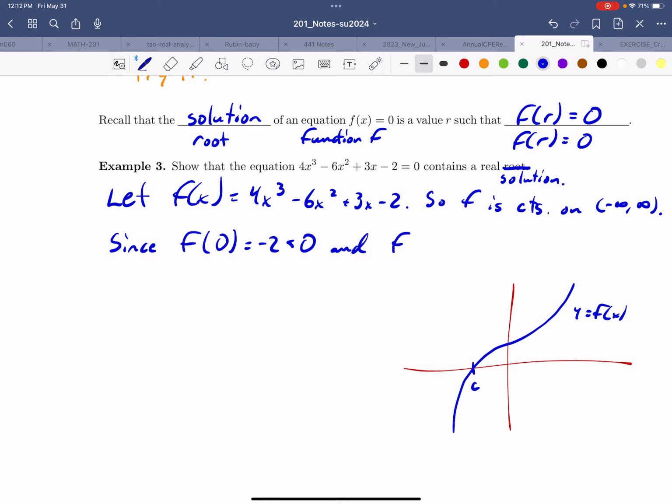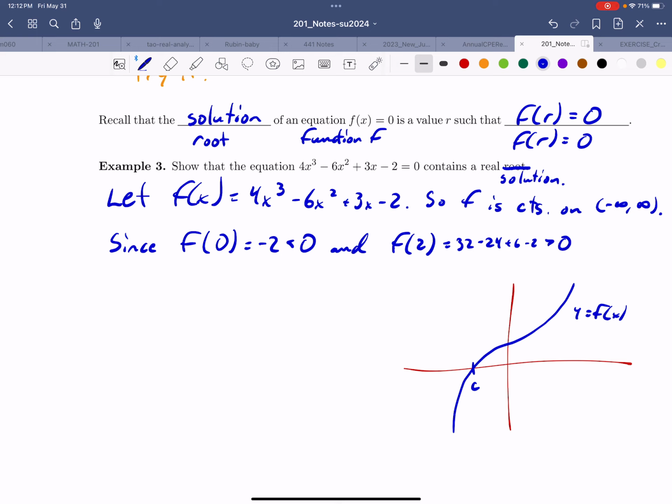And is f of 1 greater than 0? No, it is not. I guess we have to go to f of 2, right, which equals 4 times 32, minus 24, plus 6, minus 2. It doesn't really matter what it equals, it just needs to be greater than 0.